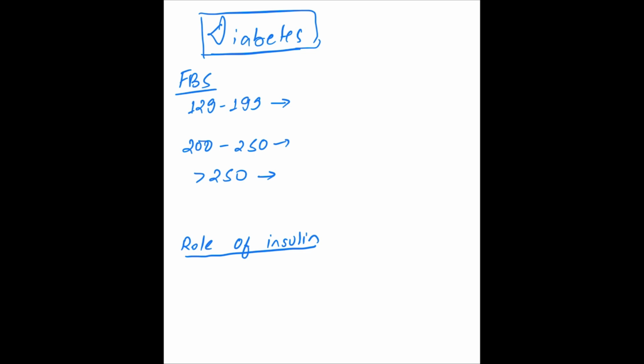Okay. Whenever you have diagnosed a patient with diabetes mellitus and look for fasting blood sugar, if the fasting blood sugar is in the range of 126 to 199, then you can use a single OHA. I'm telling you mostly for type 2 diabetes mellitus, because in type 1 diabetes mellitus it's always insulin.